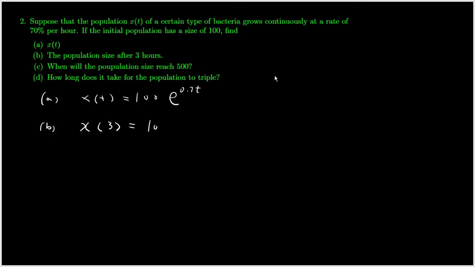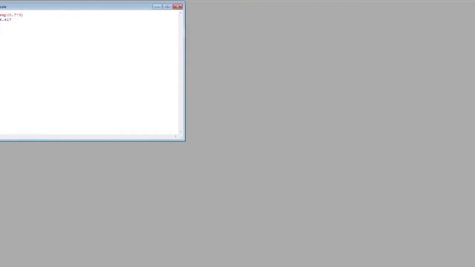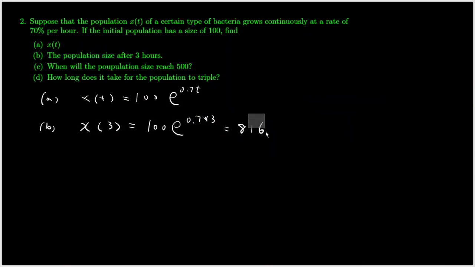So the number is computed using 100 times e to the power of 0.7 times 3, which is 816.17. So the answer is 817. We round up to a whole number.